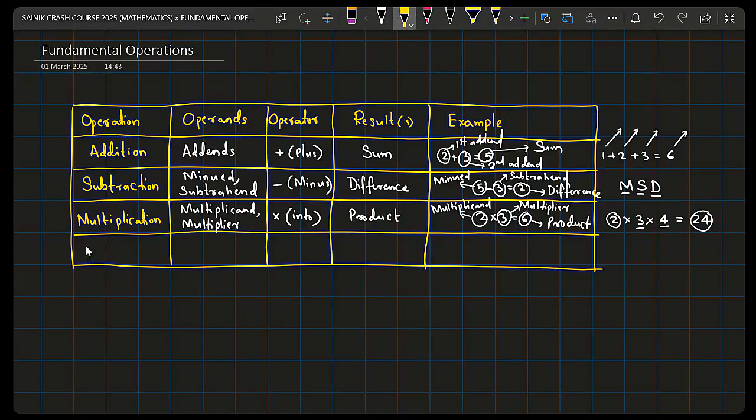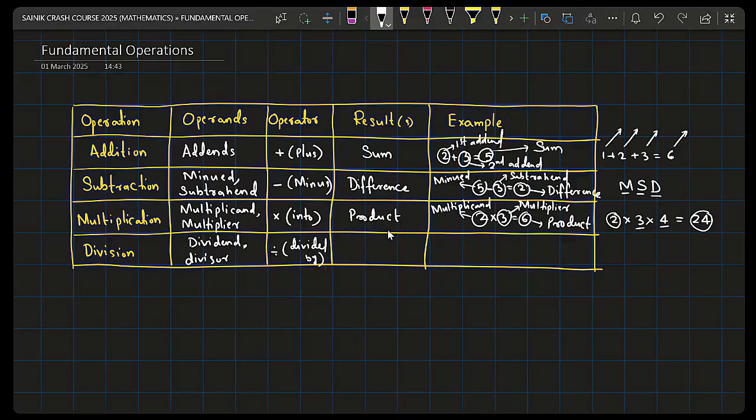Next we have division. In division operation, before doing the operation, we have dividend with us, and we also have divisor. The operator used is divided by.